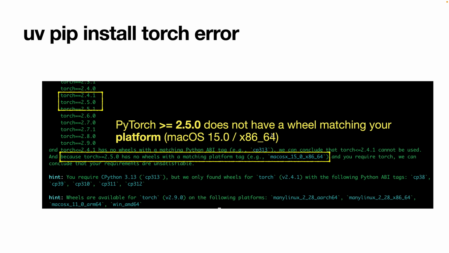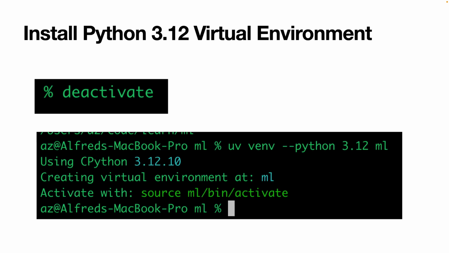It's not available for this newer version of torch. So the only version that I can use on my current MacBook would be 2.4.1. Then the solution is that I need to downgrade my Python version to 3.12 to solve the issue.